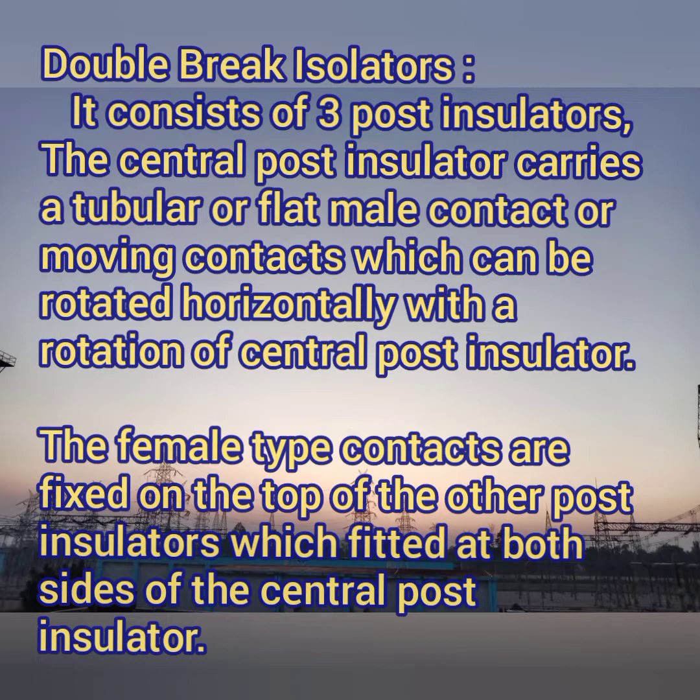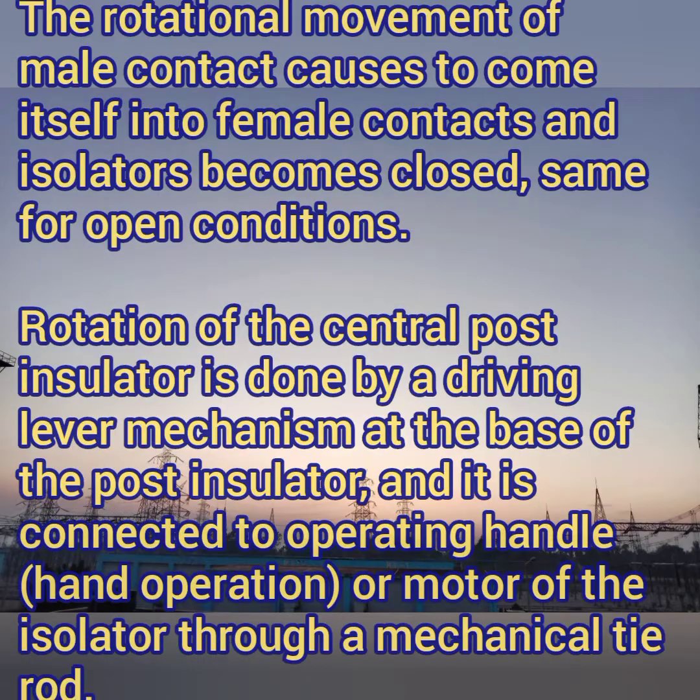These female contacts are placed between the buses, which means at the connecting portion of the buses. They are in a fixed form, and the male contact separates the bus by isolating or opening the contacts.